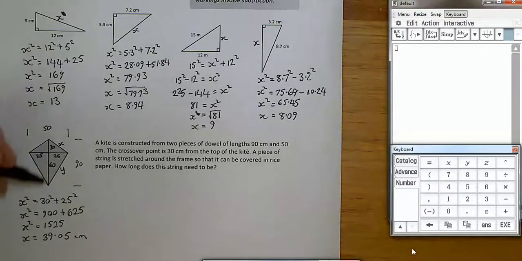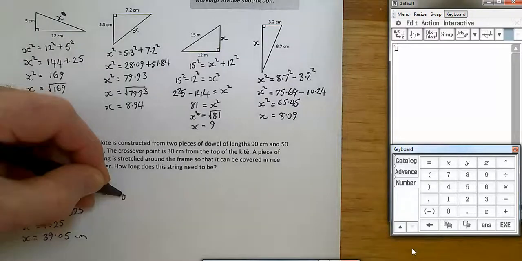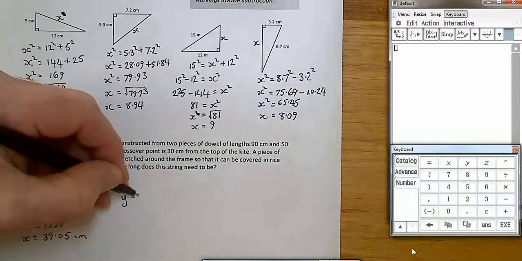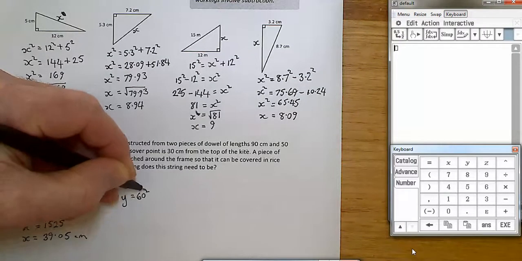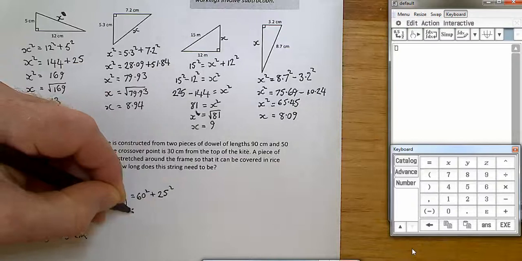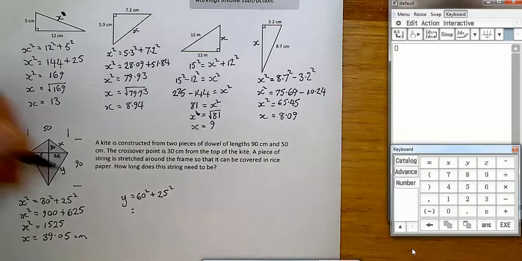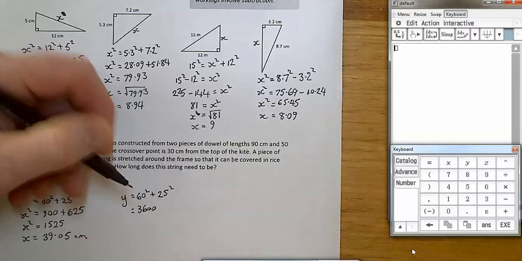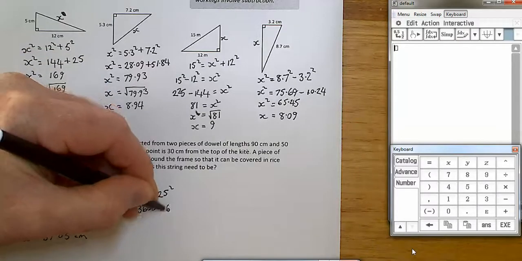And we want to find this distance here, y. It's in a right angled triangle. Once again, the side that we're trying to find, y, is the hypotenuse side. So that's going to make it an addition type question. So y squared equals 60 squared plus 25 squared. Now 60 squared is 3,600 and 25 squared is 625.